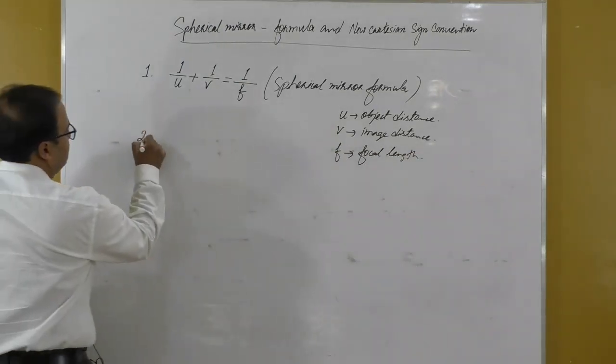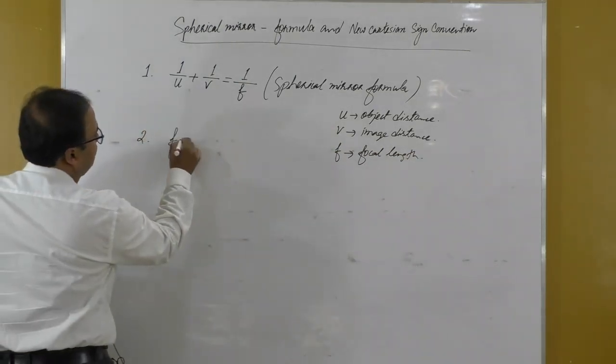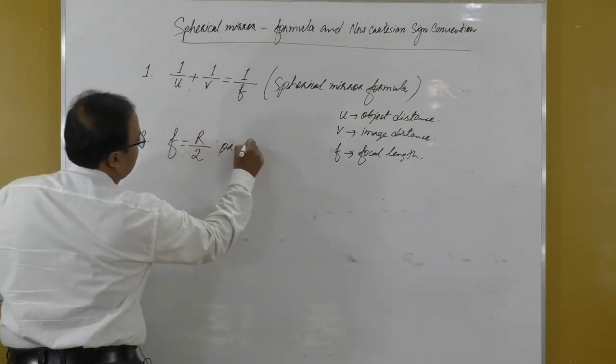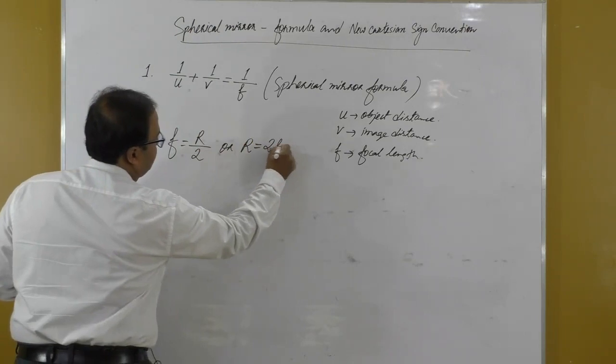Second formula: f equals r by 2, or r equals twice f.